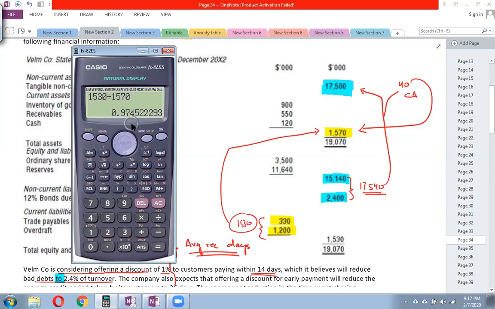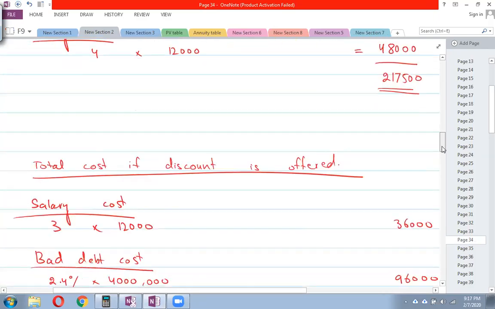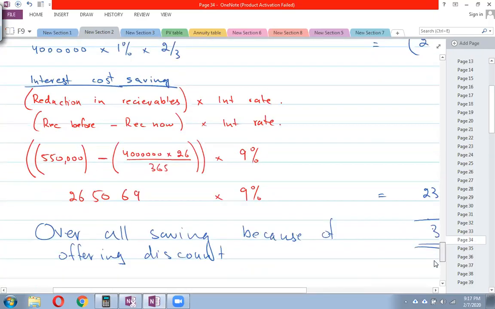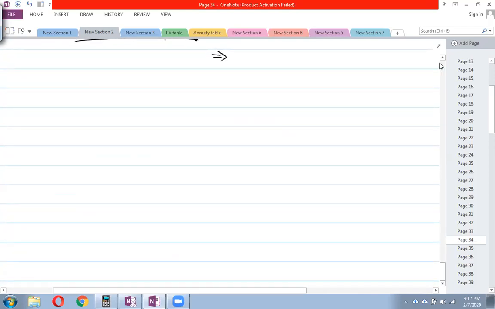And only 2.5% of the short-term finance is used by non-current asset, right? Does this make sense, guys? We'll write it down and then we'll discuss it. So Velmco's policy.